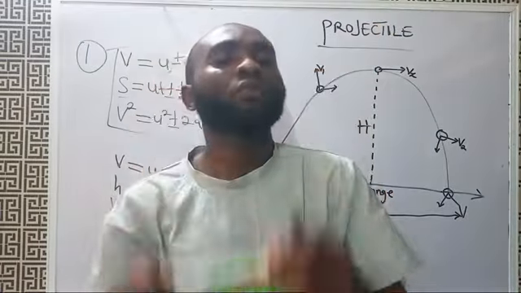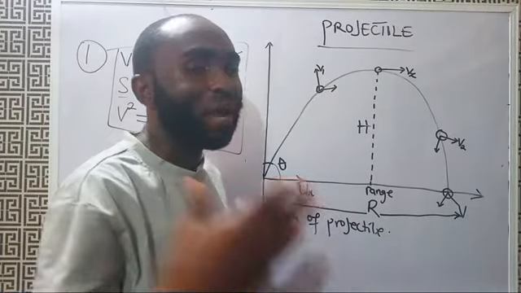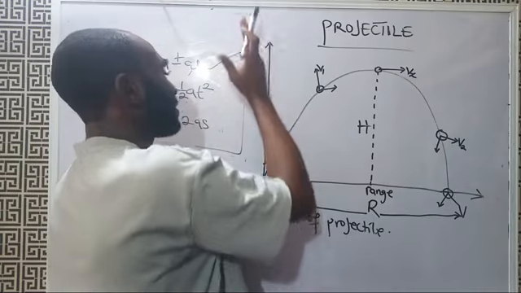All right, so now for this projectile, we have two components of velocity, in the horizontal and in the vertical.